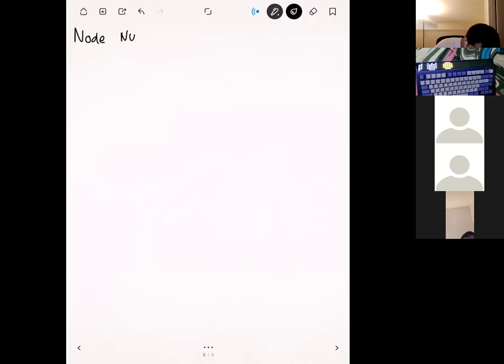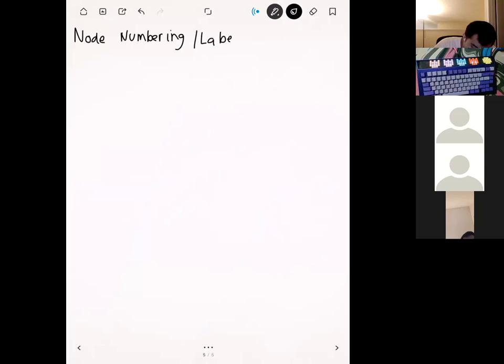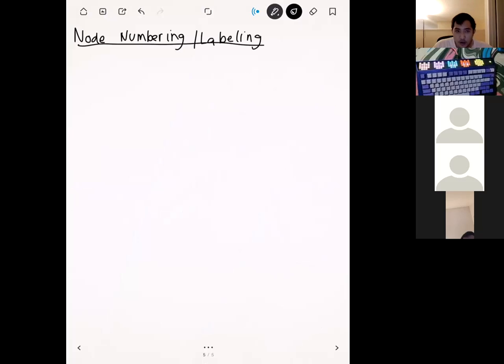Now that we've talked about the basic geometrical parameters, let's talk about node numbering, in other words, labeling the nodes. This is a point that was glossed over a little bit in the 1D case.